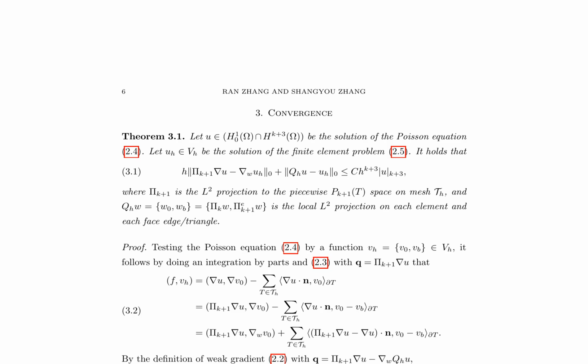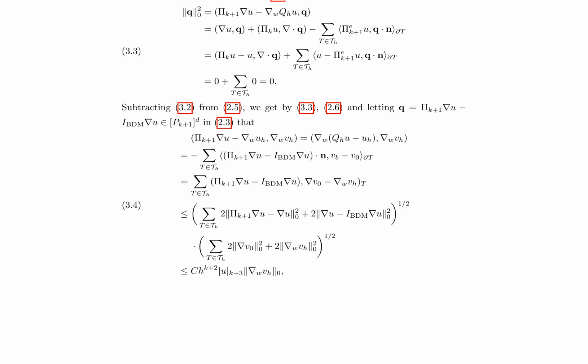The error estimate, given by equation 3.1, bounds the error between the exact solution and the finite element solution in terms of the mesh size and solution regularity. This estimate is derived through a series of manipulations, including the use of the weak gradient definition and the introduction of the IBDM gradient operator.